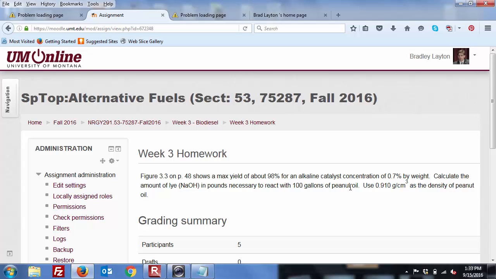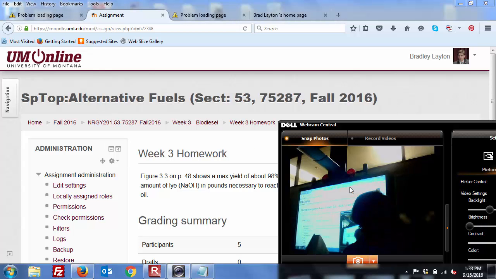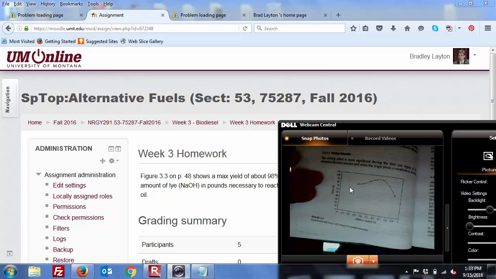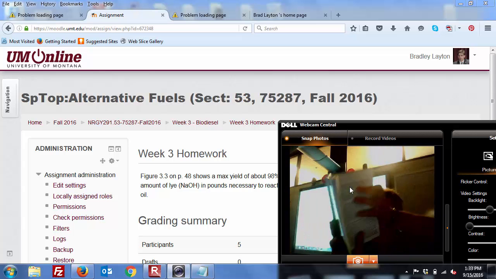So I'm just going to head right there right now, page 48. Figure 3.3 shows a max yield of about 98% for an alkaline catalyst concentration of 0.7% by weight. And so I'm just looking at that here, and sorry about the lighting, but I think you can probably see it okay. That's exactly where I am in the book.